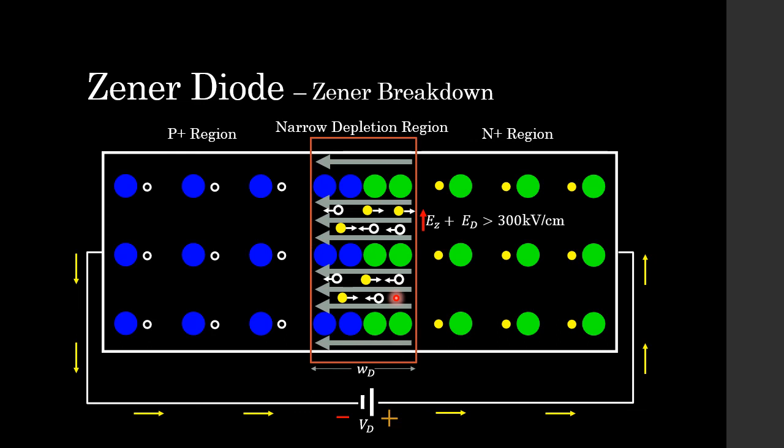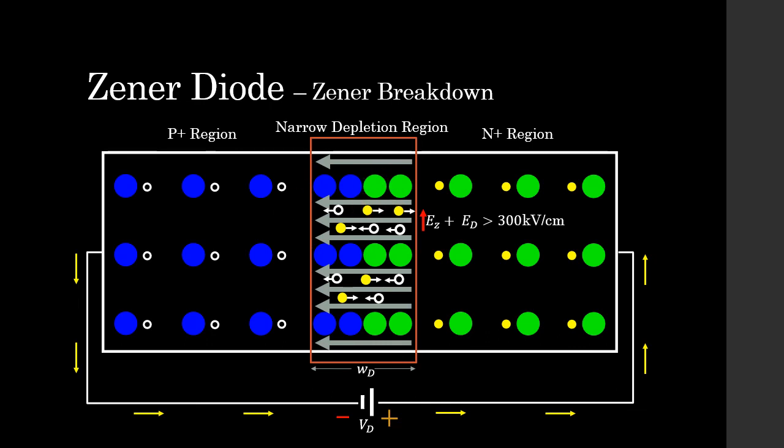Avalanche breakdown in a nutshell. Very different to Zener breakdown, which is a very strong electric field ripping out free charge carriers from our immobile ions within the depletion region of the Zener diode.